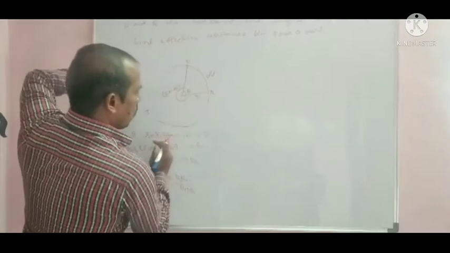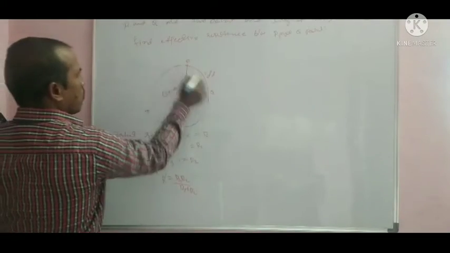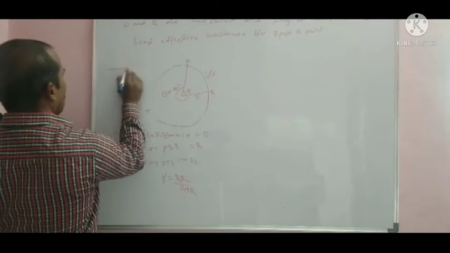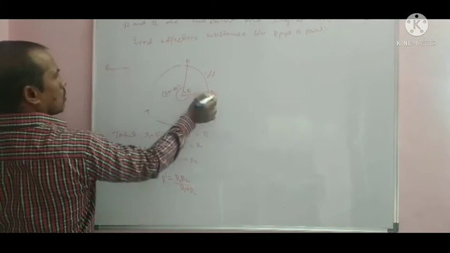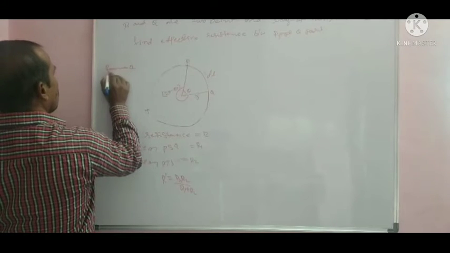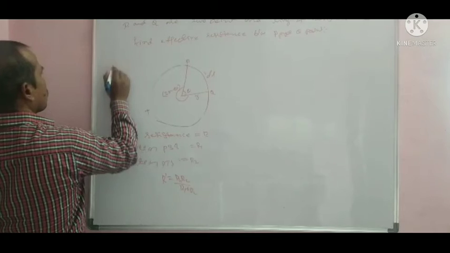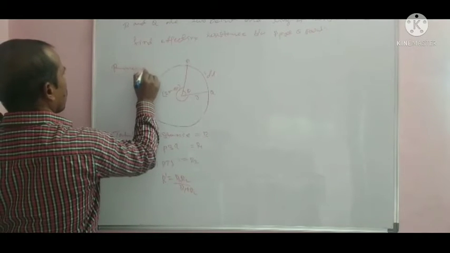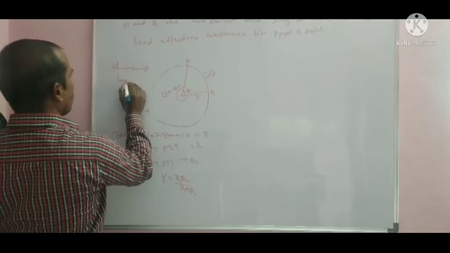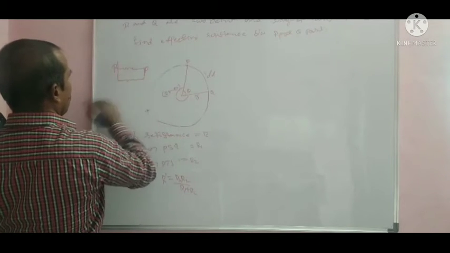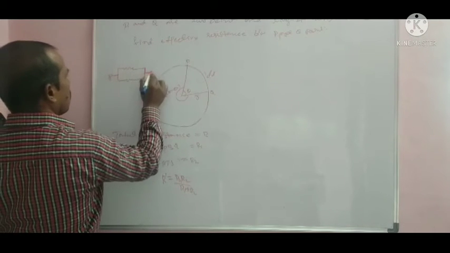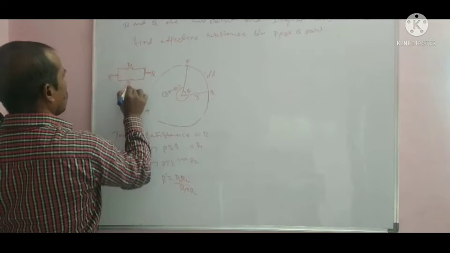These two points are nothing but junctions. This is point P and this is point Q. Here a junction, and here a junction. This is R1 and this is R2.